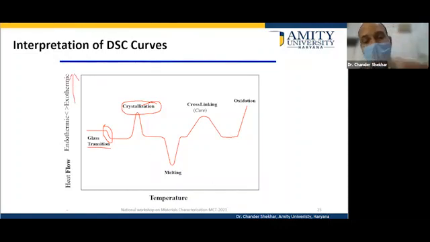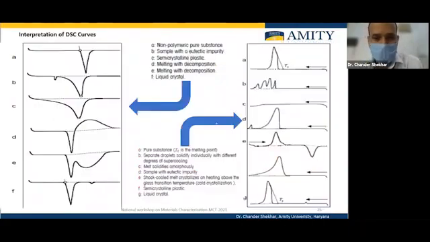Once the corresponding melting point is achieved, there's an endothermic peak, and beyond that there may be curing or cross-linking of the polymer and maybe oxidation. So there are various processes that may happen in the material, and correspondingly there will be a signature of that process in the thermogram.